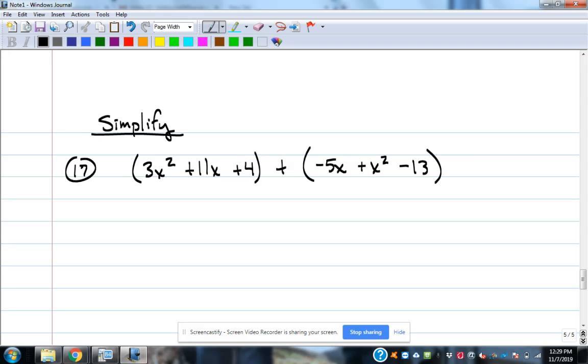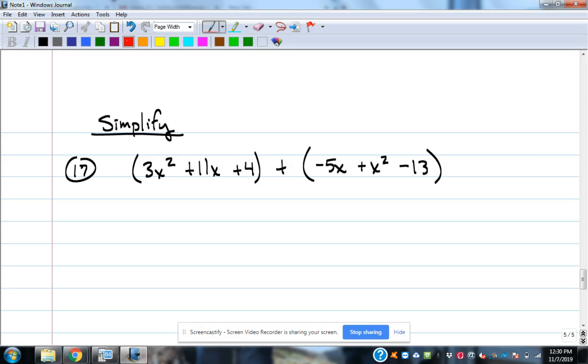What do we put together when we're adding? Like terms, that's right. Like terms, that's all you're doing. What order do you want your final answer to be in? Descending order, always in descending order. So when we're doing that math, we're going to look for the biggest power of x in each polynomial and put the like terms together. The first one has 3x squared, 11x, and 4, so 3x squared is biggest.